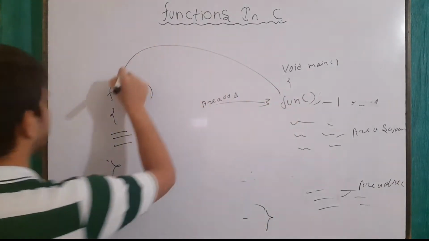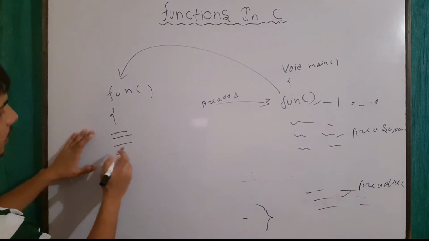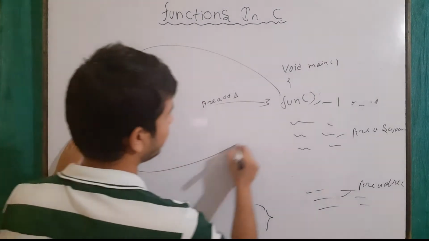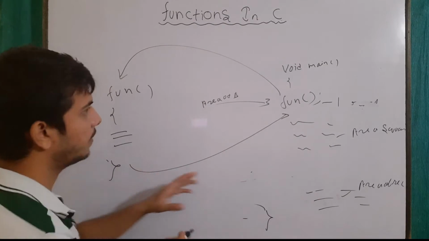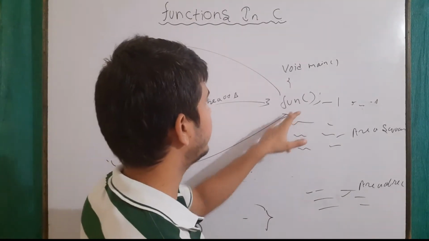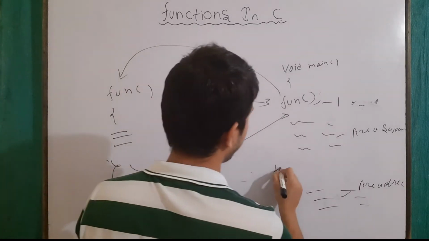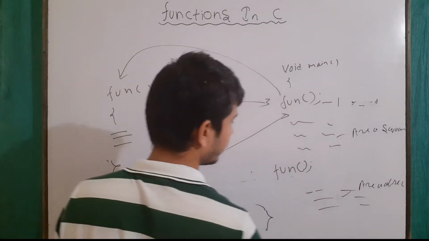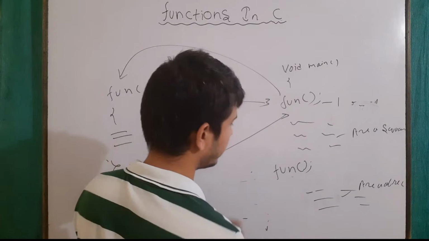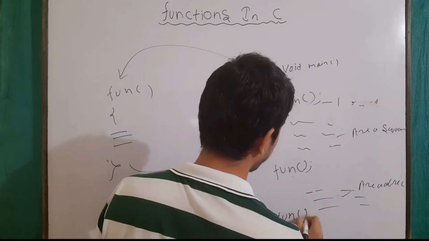Control will go to this function, then these lines will execute, and after that the execution of the program will continue back at the next line. Similarly, if I want the same functionality here, I will again call the function, and even further if I want it, I will call this function.